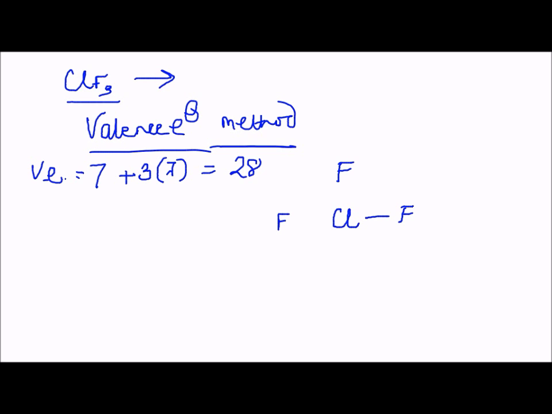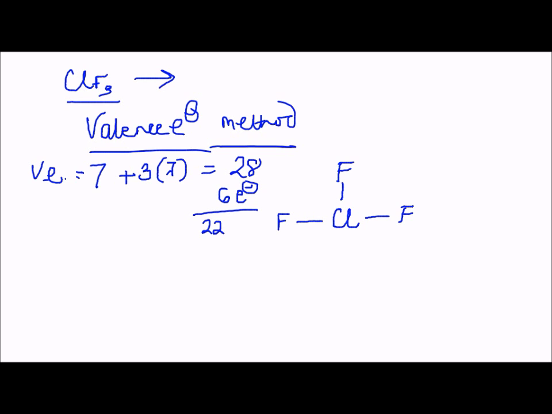Now, first you would take the time to place one electron, one bond, surrounding the chlorine to form 3 chlorine-fluorine bonds. And in that sense, you have utilized essentially 6 electrons in that process. So 28 minus 6, that is 22.